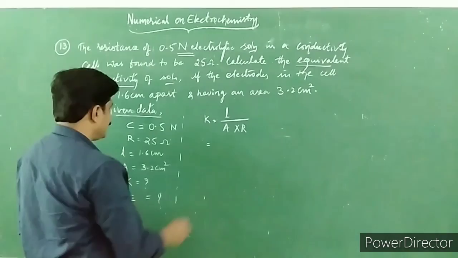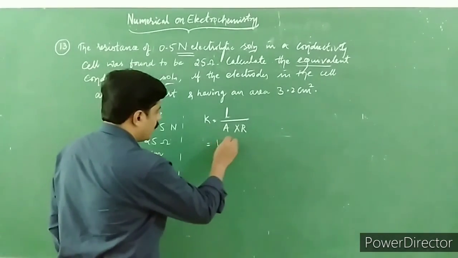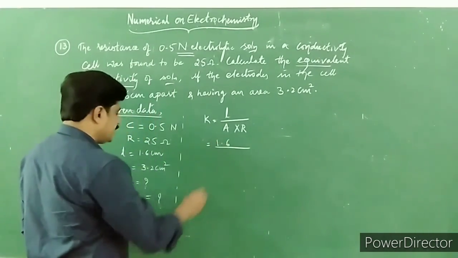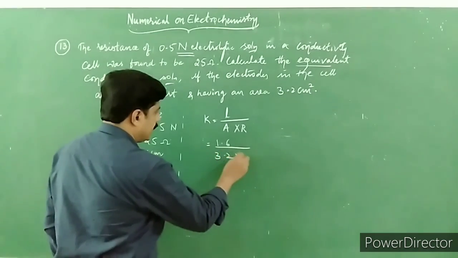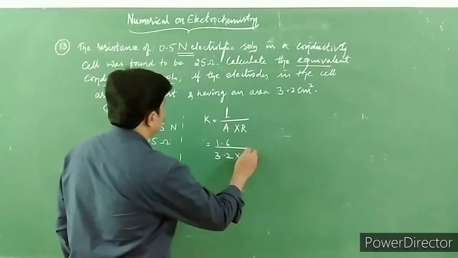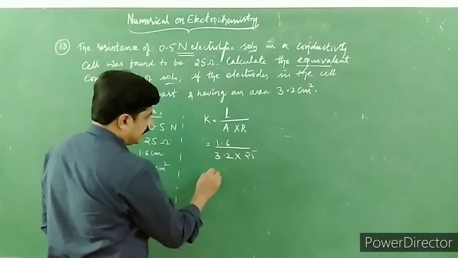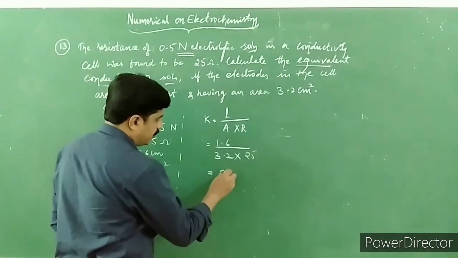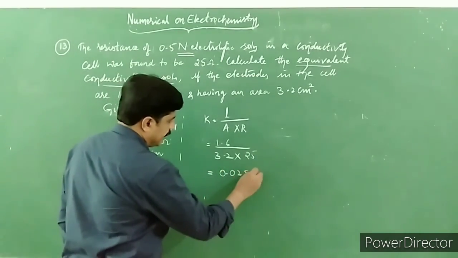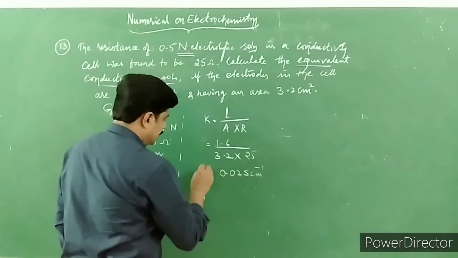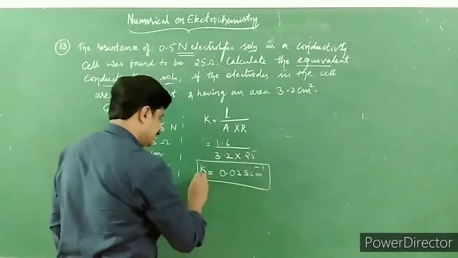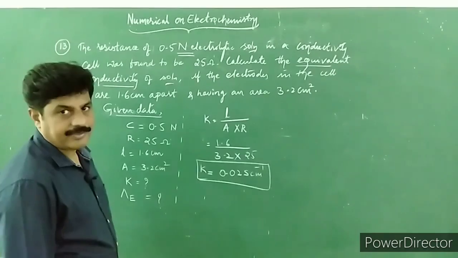Look at here, let me substitute the value here. L is equal to 1.6, area is equal to 3.2, resistance is equal to how much? It is 25 ohms. Children, if you simplify, you are going to get 0.02 Siemens per centimeter. You can calculate, you will get this value for conductivity.